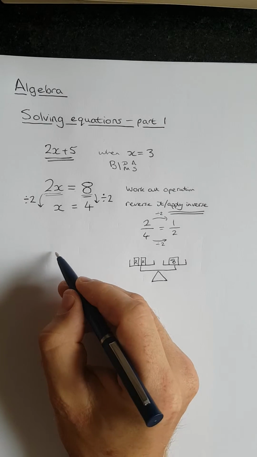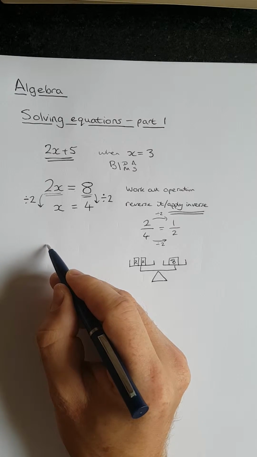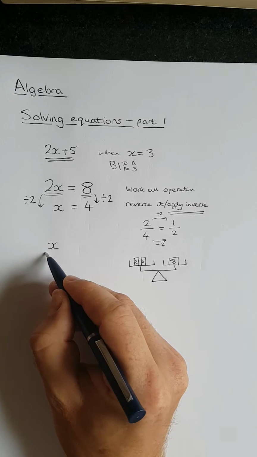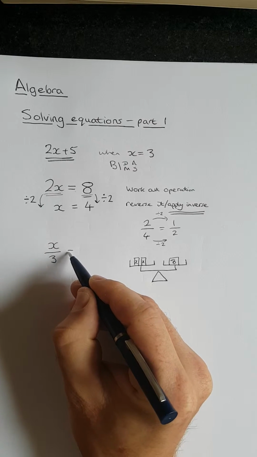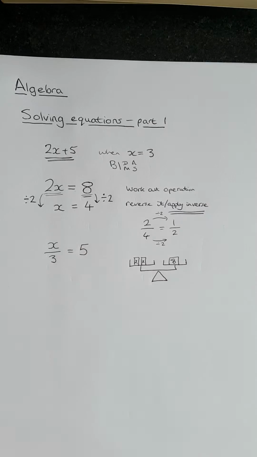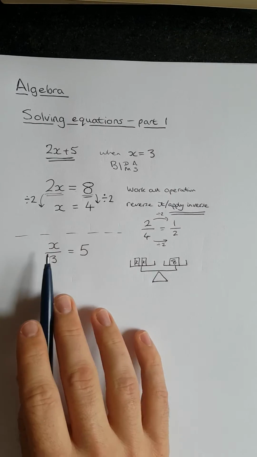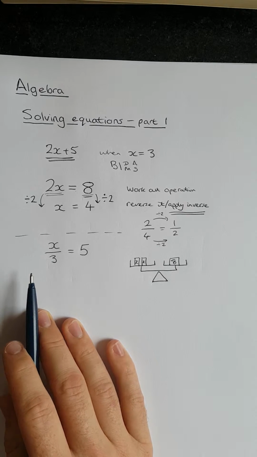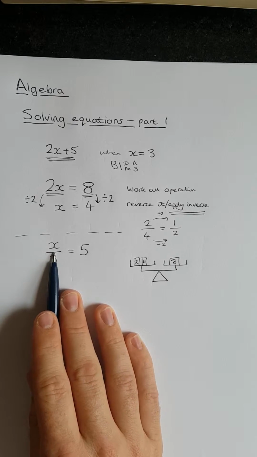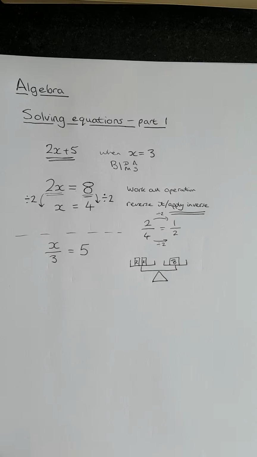So, the next one we're going to look at is this. In reading this, x has been divided by 3. And when you do that, the answer comes out as 5.